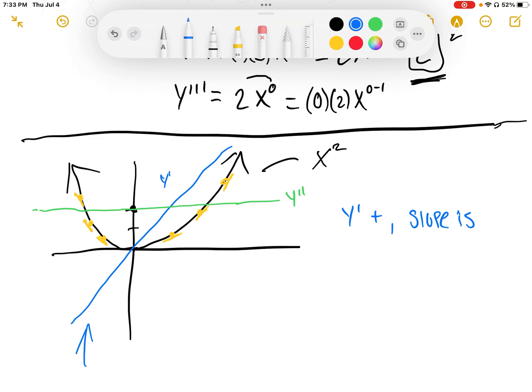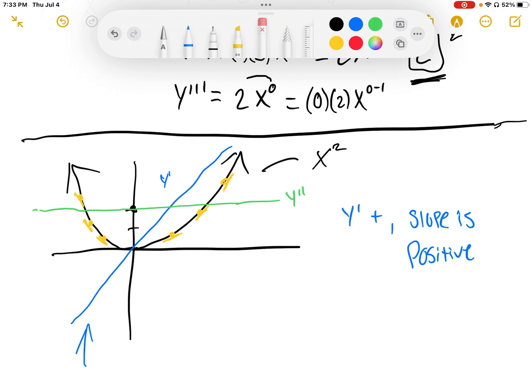Slope is positive when y prime is positive. So it's an increasing slope, or the slope is growing, but as you see over here, the slope is not positive, it's going downward, so it's negative, where y prime is negative.